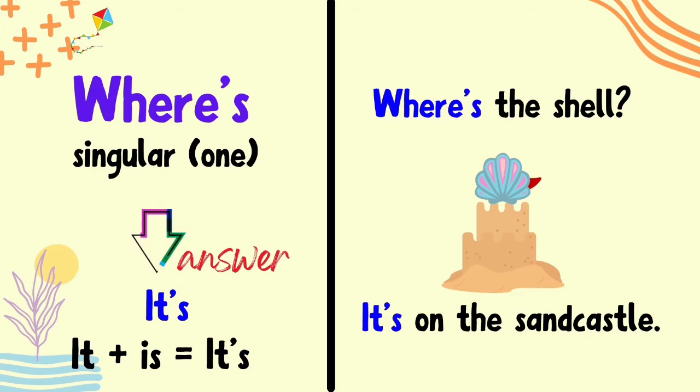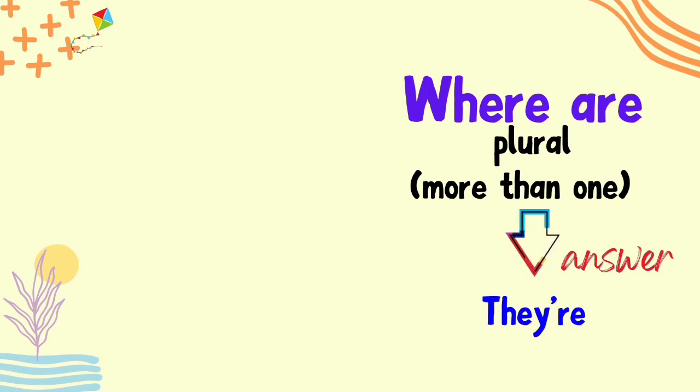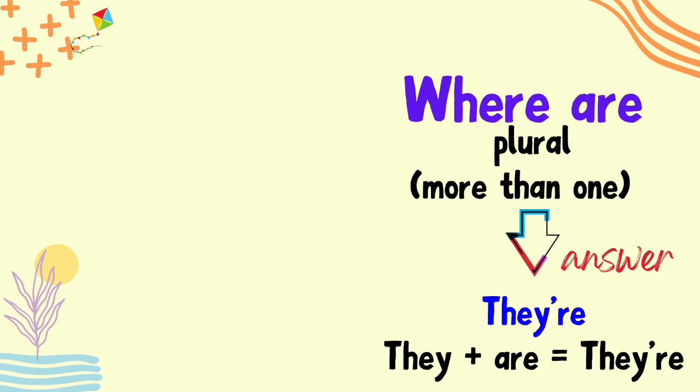Now let's look at where are. Where are is a plural form and is used for objects more than one. So the answer must be in plural form too. You can use there are or they're. The words they and are combine and make the word they're.